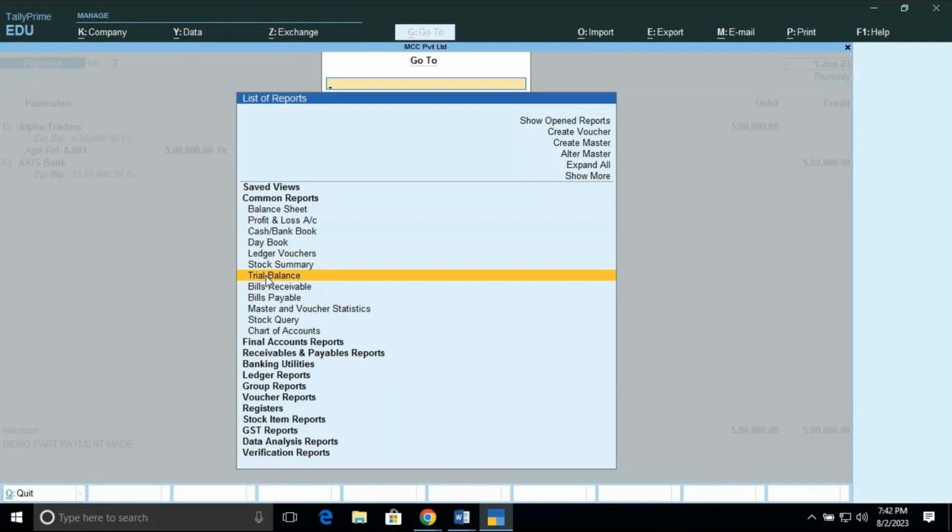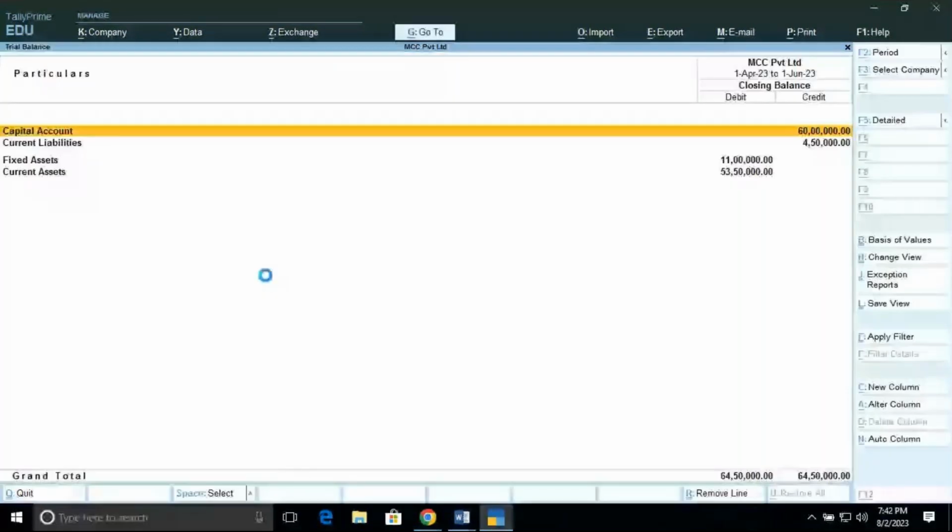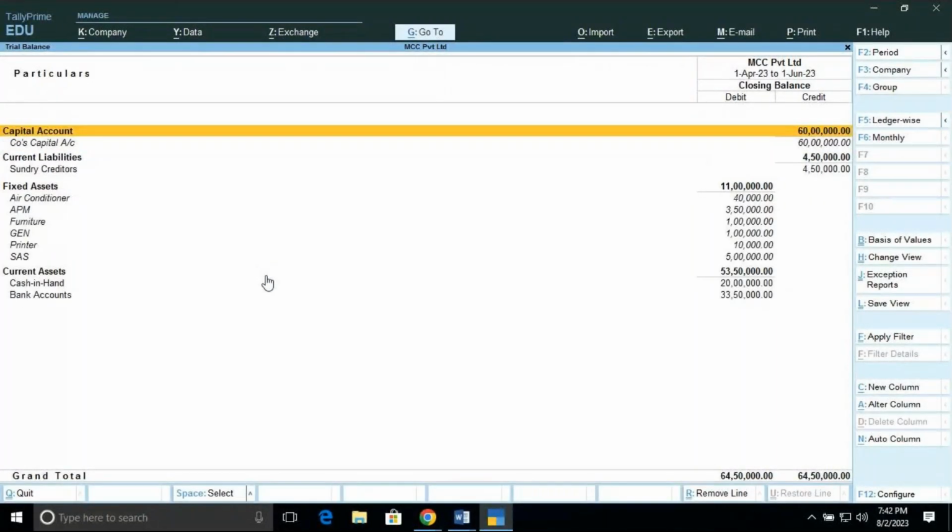I told you, Alt F1 will give you detailed information in a report. If I say Alt F1 again, it will collapse. It's a toggle button, it will expand and collapse. All of you getting this?